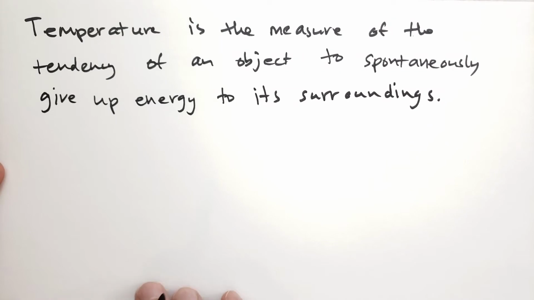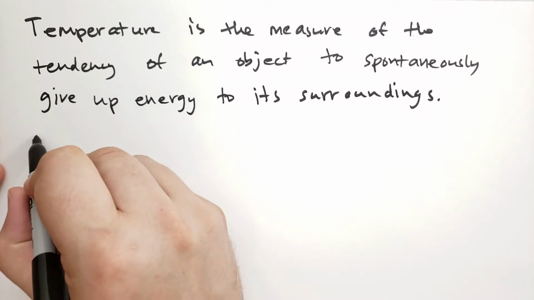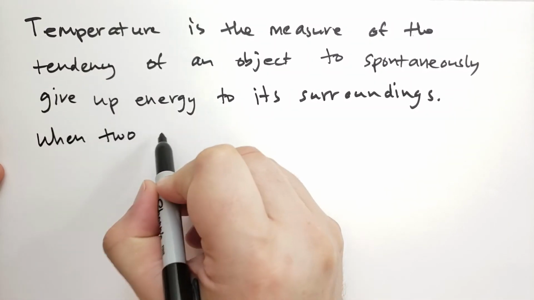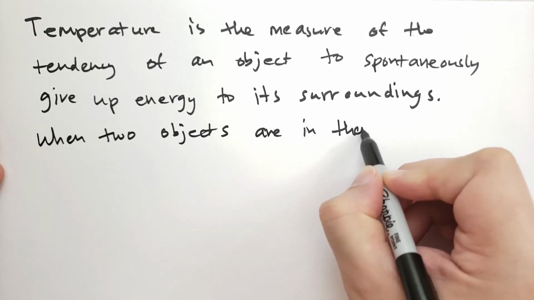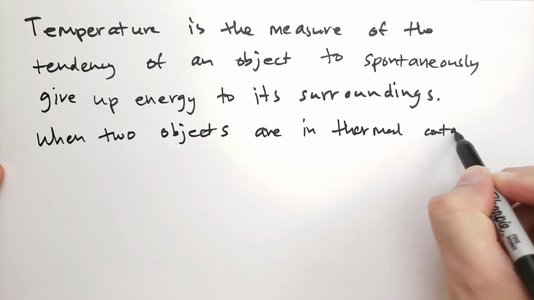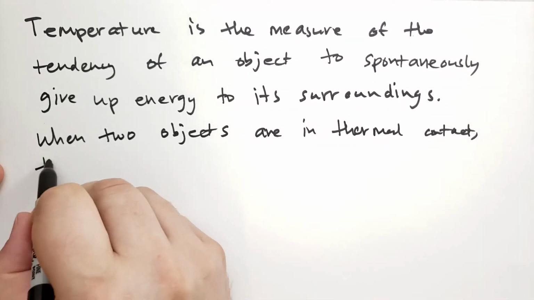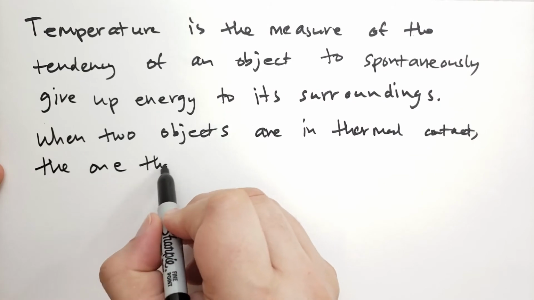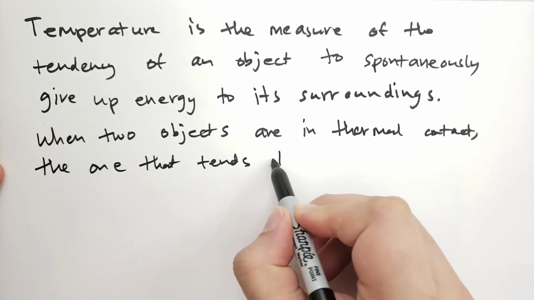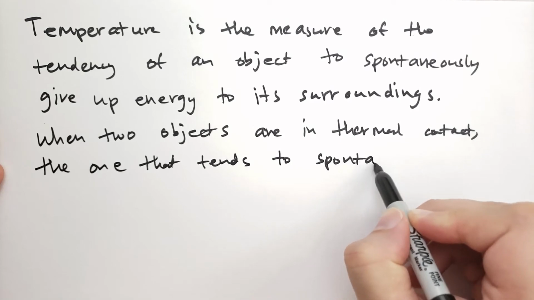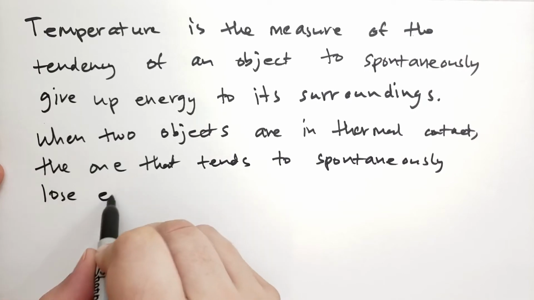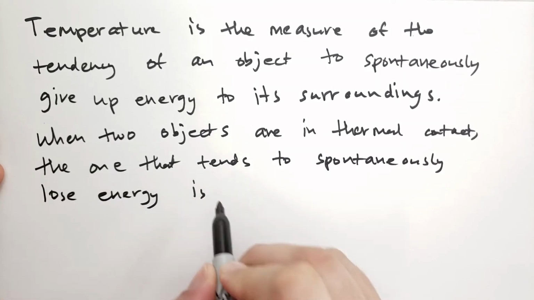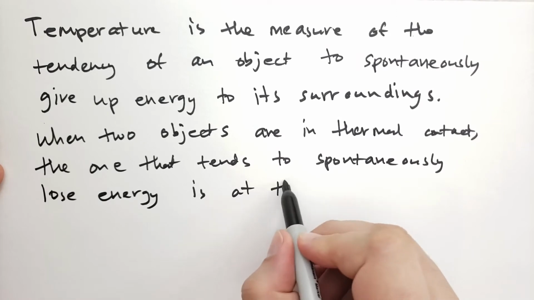And we need a way of telling whether one object has more temperature or less than the other. And the thing that we're going to use is we're going to say when two objects are in thermal contact, the one that tends to spontaneously lose energy is at the higher temperature.